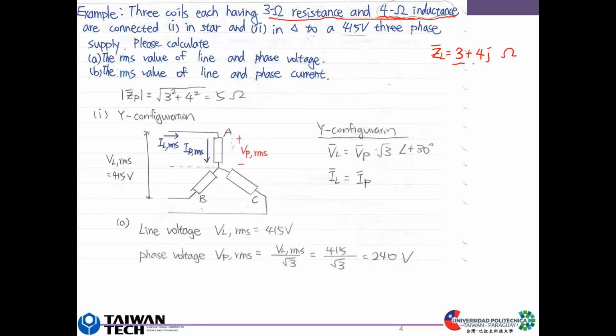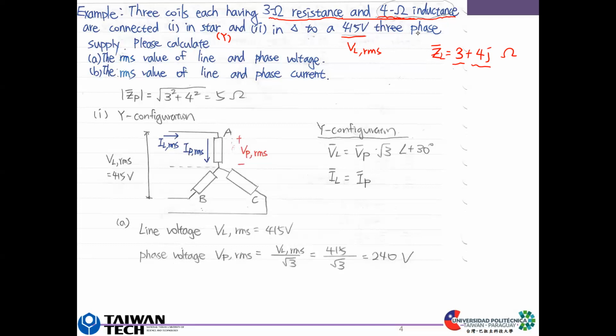It has a real part and an imaginary part, and they are connected in star. The star here means Y configuration, and second in delta configuration, to a 415 volt VL RMS. This is the line voltage in RMS value.